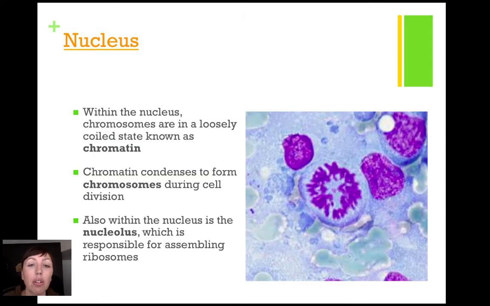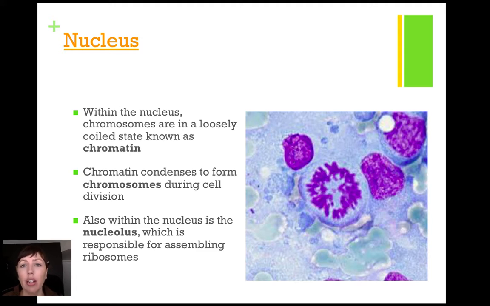Within the nucleus, chromosomes are in a loosely coiled state known as chromatin. So the chromatin condenses to form chromosomes during cell division. So when you think about that very typical image that you see of a chromosome that looks like an X, that is when chromosomes are coiled and replicating.